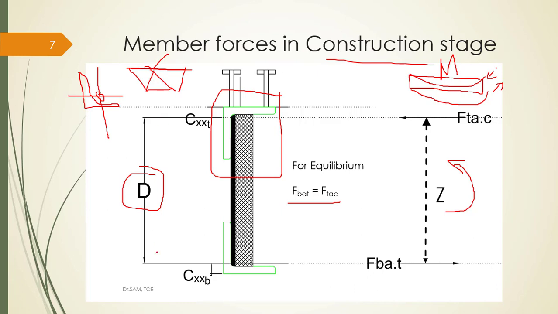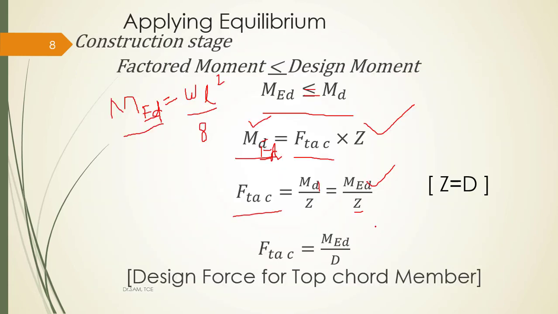Therefore, this CG to CG distance of the truss is said to be the depth of the truss. Here, the lever arm Z will be equal to the depth of the truss, from which I should know the force expected in the construction stage.